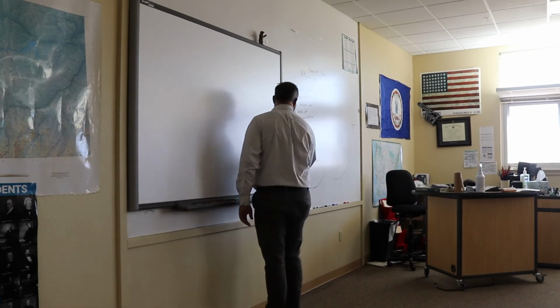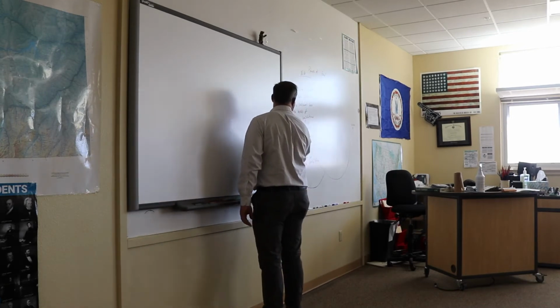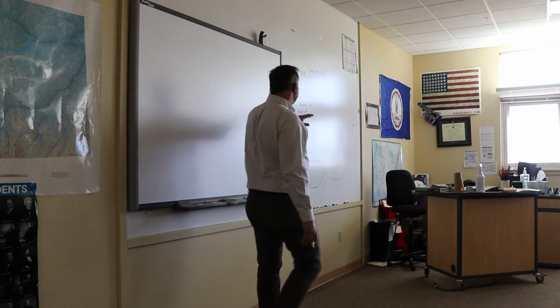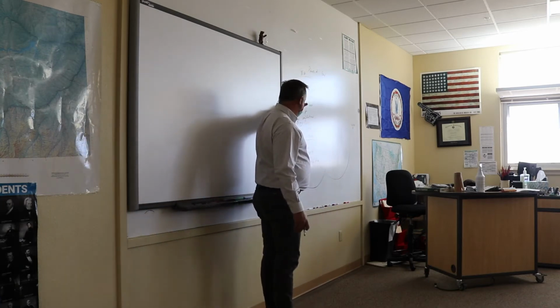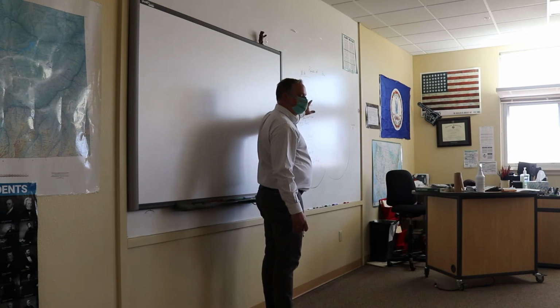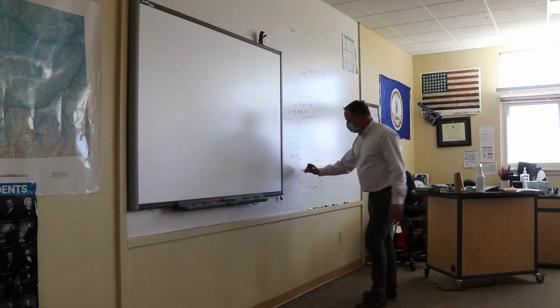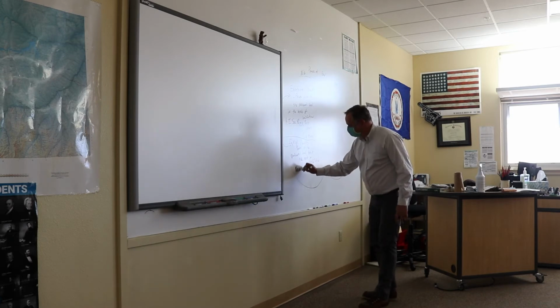The only thing I'm going to say is the implied powers have to be connected to the enumerated powers. So if there's something that's not in the Constitution, but it's connected to one of these, the government can do it. One of the things I want you to write down here is necessary and proper clause.